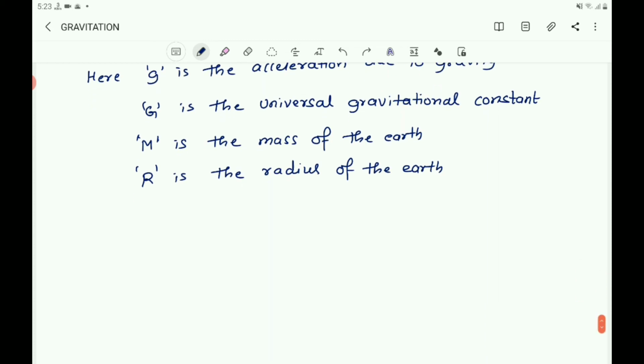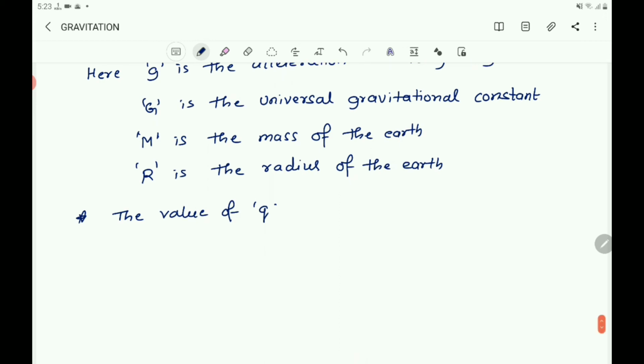So you take: the value of g decreases with the height of the object from the surface of the earth.